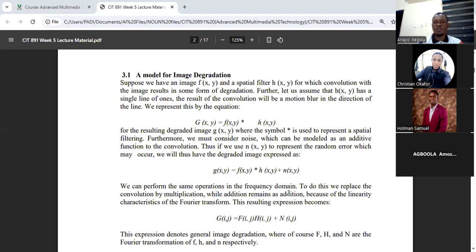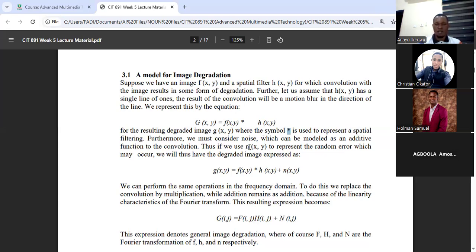The result of the convolution will be a motion blur in the direction of the line. That is to say, g of x, y is equal to the function of the two coordinates x and y, convolved with h, where the asterisk you see is used to represent spatial filtering.